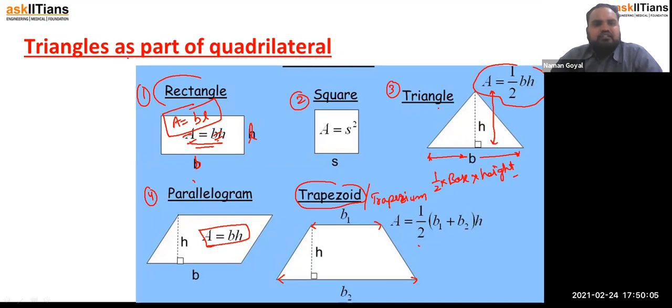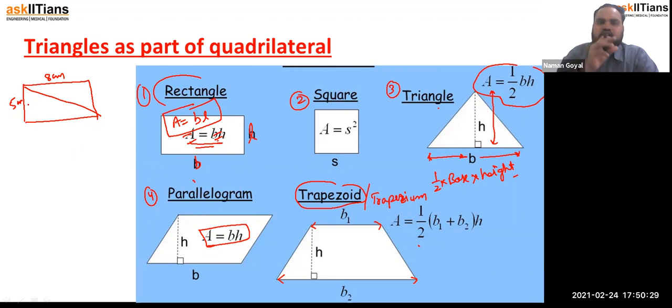Now the topic is area of a triangle as a part of a quadrilateral. For example, if we have a rectangle and there is a diagonal, and if this is 5 and this is 8 centimeter, and I'm asking for the area of this triangle, we know that the diagonal divides the rectangle into two equal parts of area. So the area of this part and this part is equal.